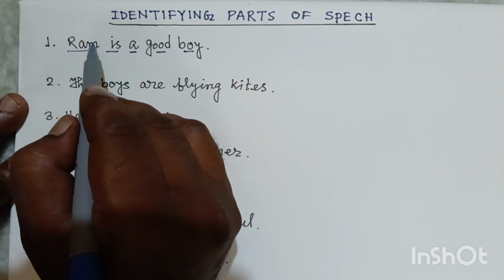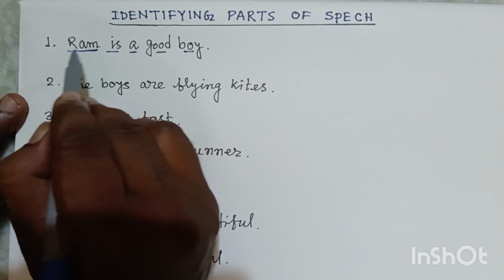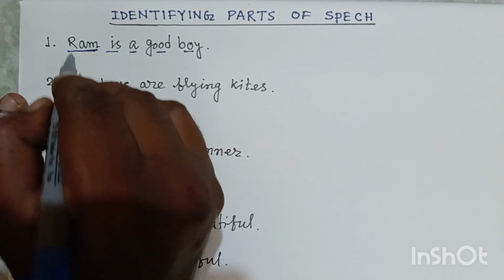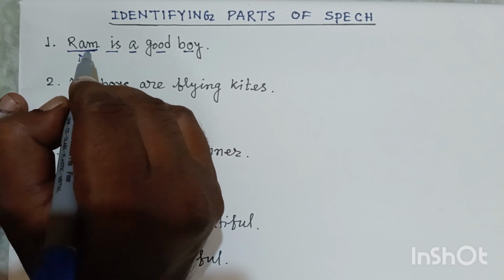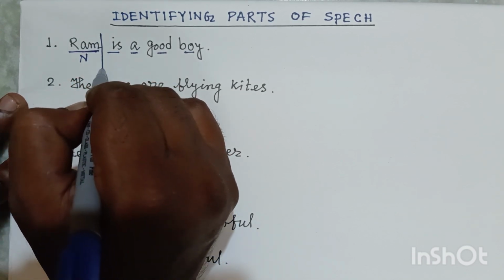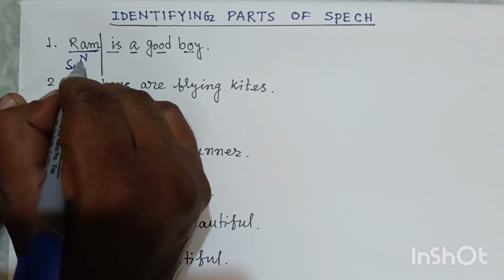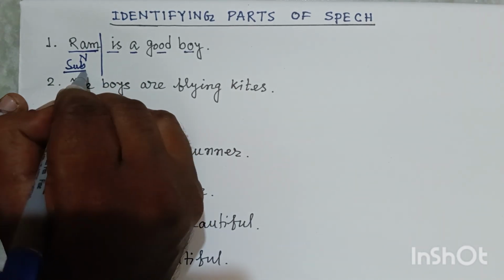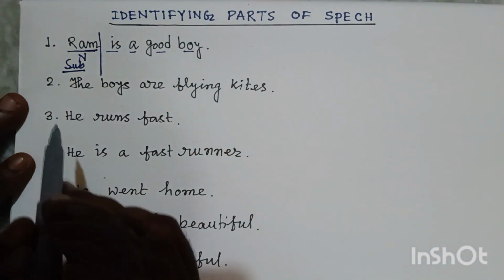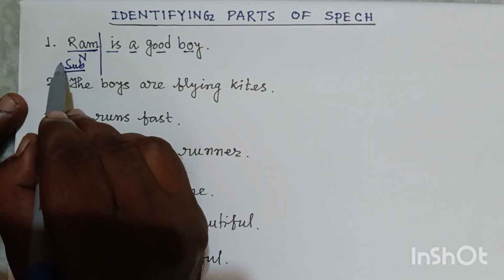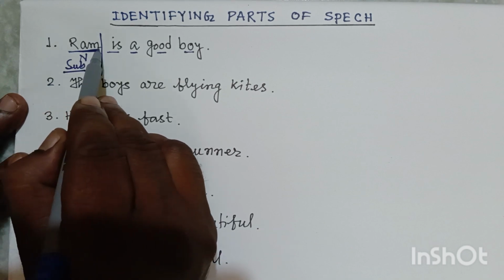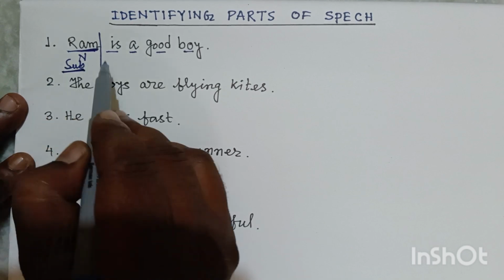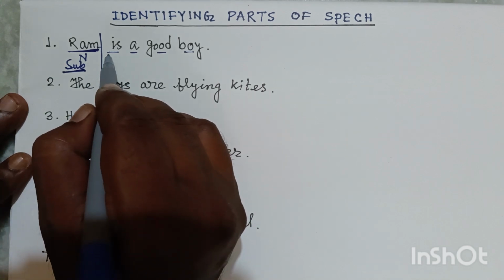Here the word Ram is a noun, and you know friends, a noun and pronoun may be used as the subject of the sentence. It is the function of the noun. Noun or pronoun may be used as subject, object, or complement in the sentence. So here Ram is a noun and it is used as the subject of this sentence. Is is basically the linking verb.